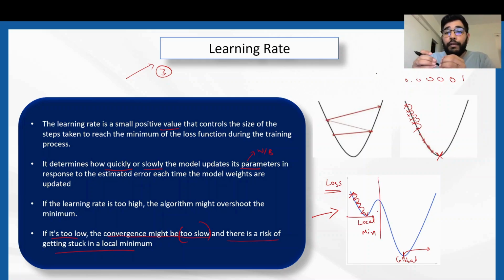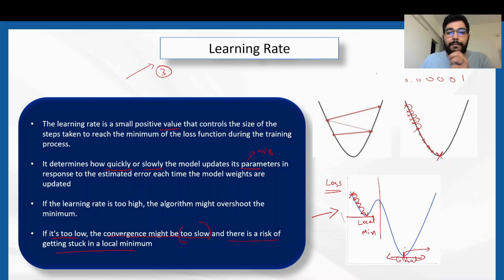This is a problem of a very small learning rate, wherein the model converges to a local minima in this particular area and overlooks the global minima which it has to reach. So the point over here is we have to optimize the learning rate so that it's at neither of the extremes, neither too high nor too low. It's an experimental value that has to be in between so that the model reaches the global minima in each case.